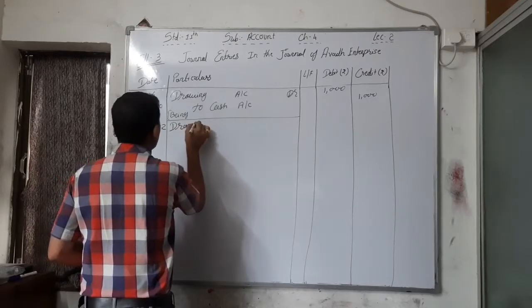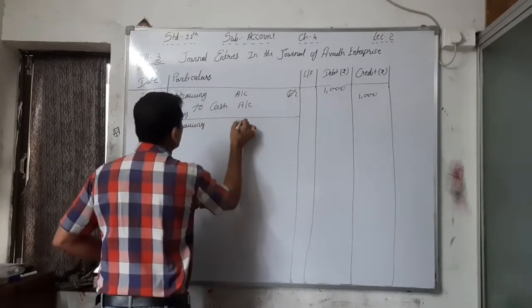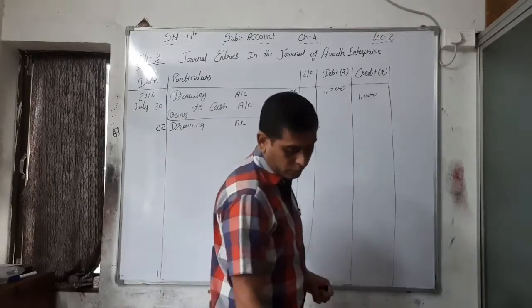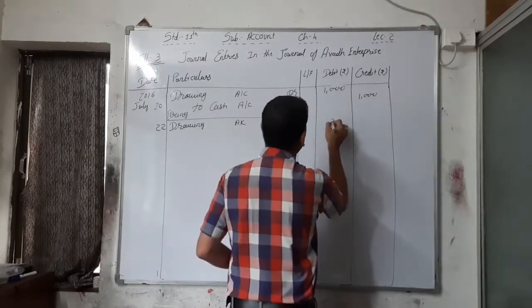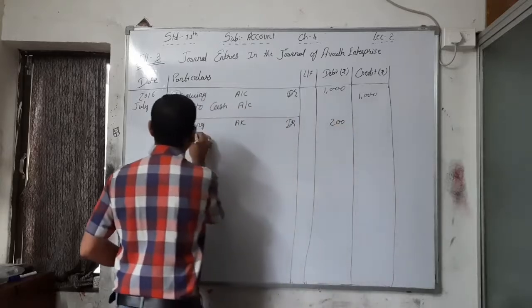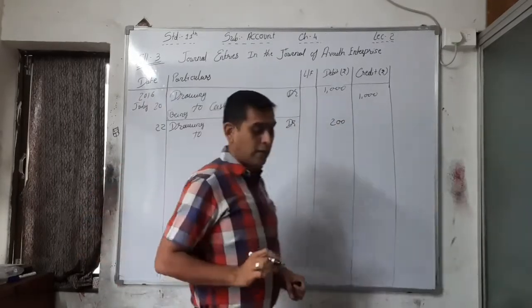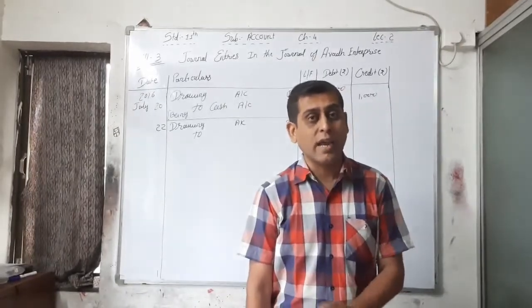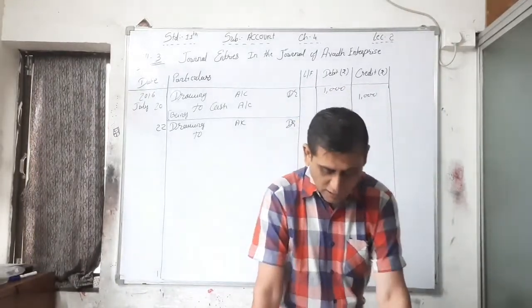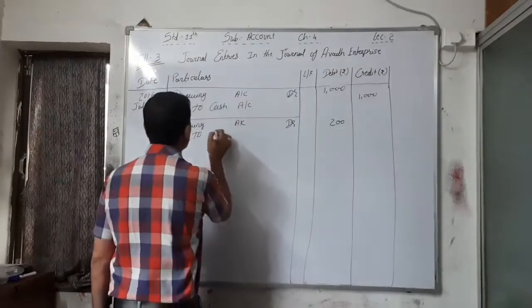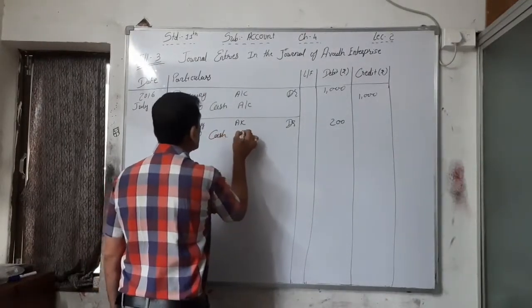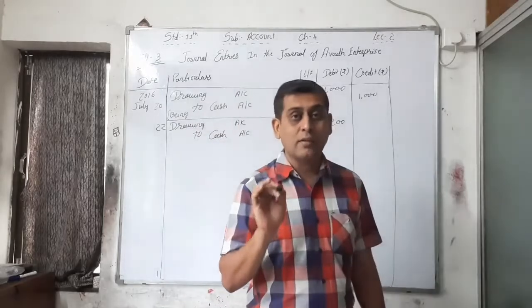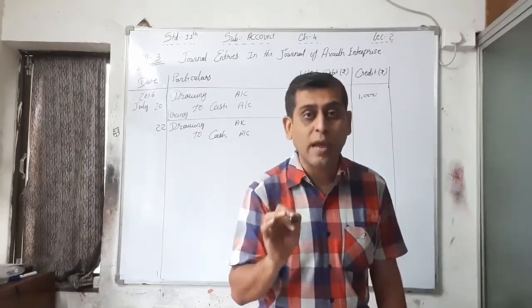Drawing account debit, rupees 200. See, it is paid, nothing is given by cheque or by cash. So we have to assume it as cash: drawing account debit to cash account. If it is specifically said that a cheque was given, that means we have to write bank account.